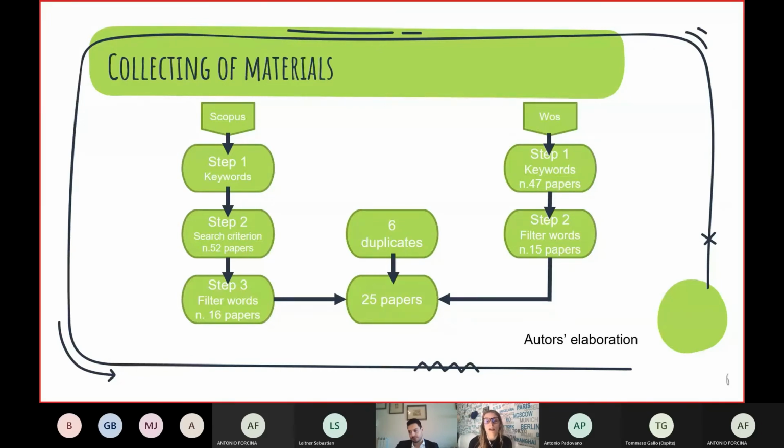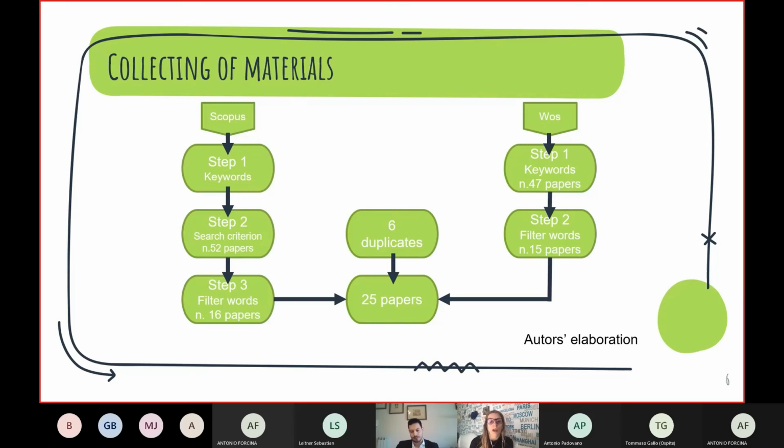In step 1 the papers were searched with the keywords and we identified 47 papers. In step 2 the papers were searched with filter words and we identified 15 papers. After, we compared the papers found and identified 6 duplicates.